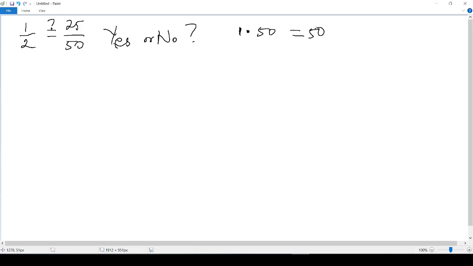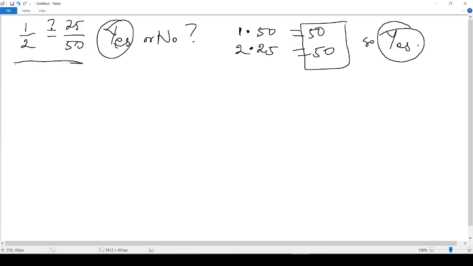So we take the denominator of the first fraction, which is 2, and multiply by the numerator of the second fraction. 2 times 25 is 50. So we have the same result, 50 equals 50. So yes, these two fractions are equivalent.